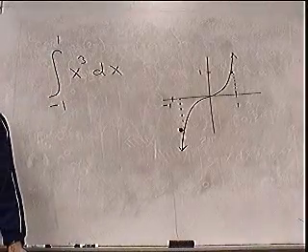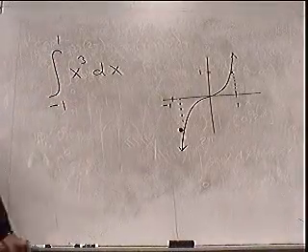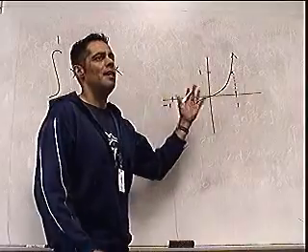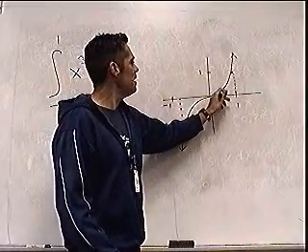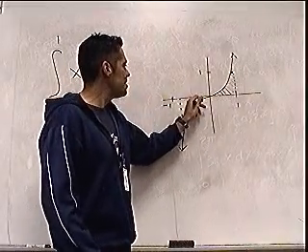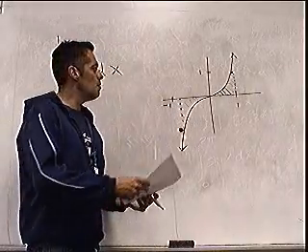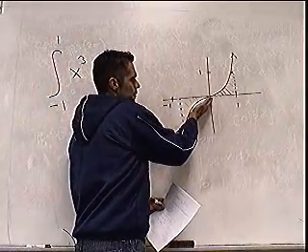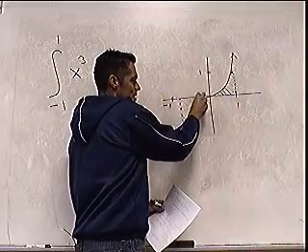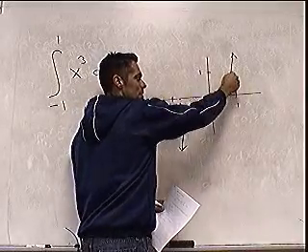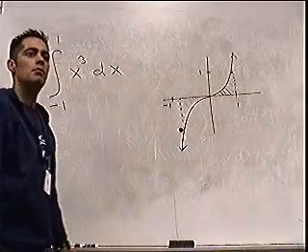Would it be 0? It should be 0, right? Because it's symmetric, right? It's not perfectly symmetric, but this area here matches this area here. They're the same. And so the area from my function towards the x-axis, this negative part should cancel out this positive part, and it should be 0.